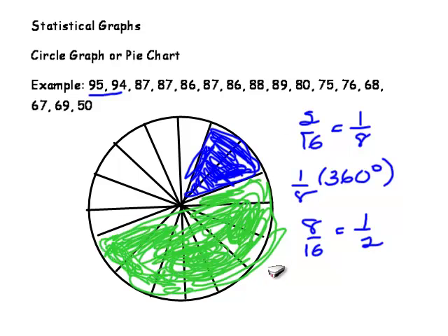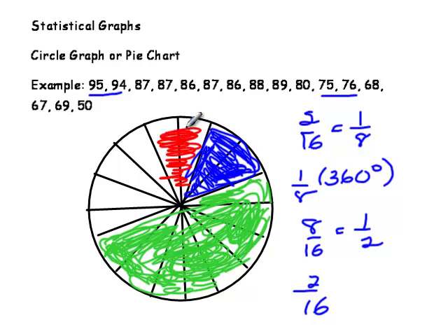See if we can fix up our circle a little bit here, cleaning it up. And then we go to the 70s. There's 2 of those, so that's 2 out of 16, or 1/8 of the circle, similar to the blue pie shaped. So this takes care of those scores in the 70s.